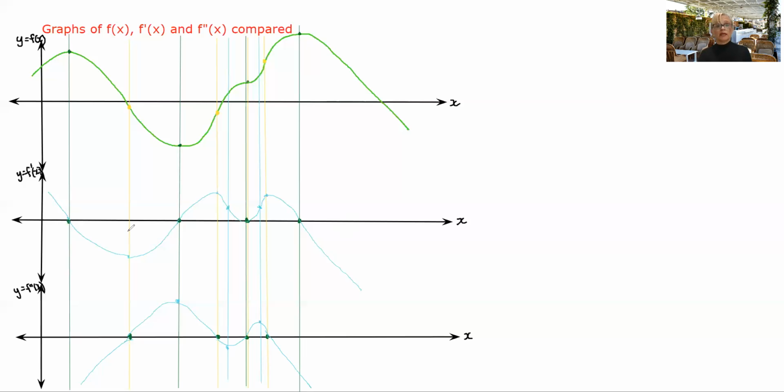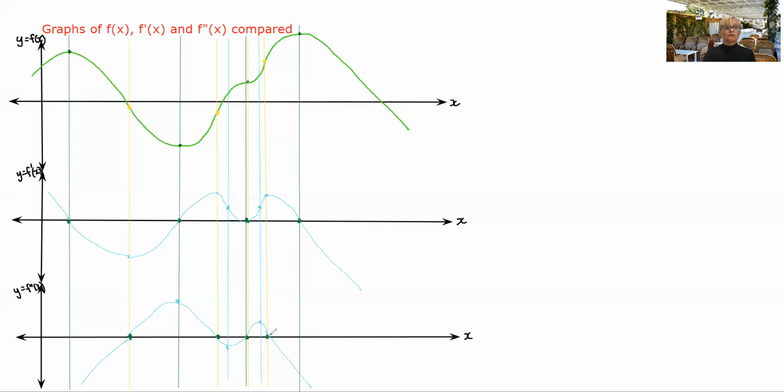Let's just go over some key points here again. Wherever your stationary points are in your function, your first derivative will be 0. Wherever your points of inflection are in your original function, whatever sort of point of inflection they are, your second derivative will be 0.